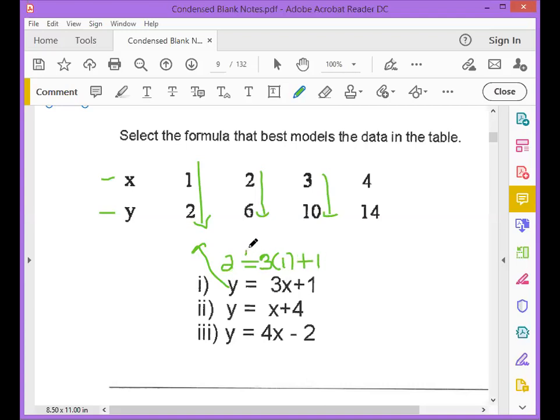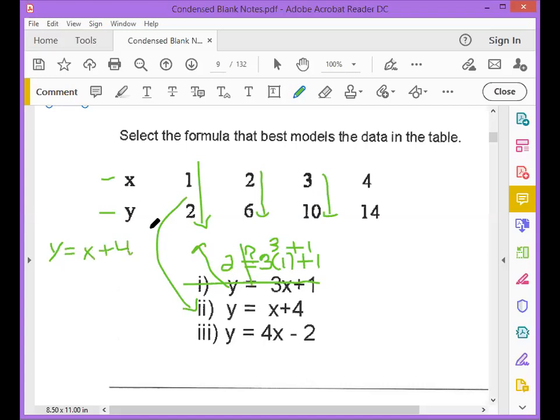Is that true? 3 times 1 is 3, plus 1. That does not equal 2. So we know that this first answer choice would not work. So let's test those numbers now using the second equation. We have y equals x plus 4. Let me rewrite that over here. Y equals x plus 4.